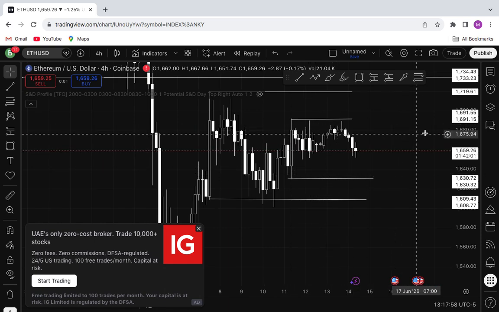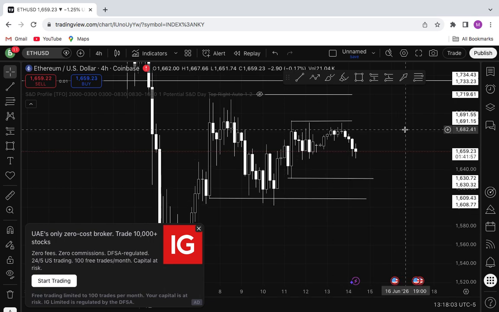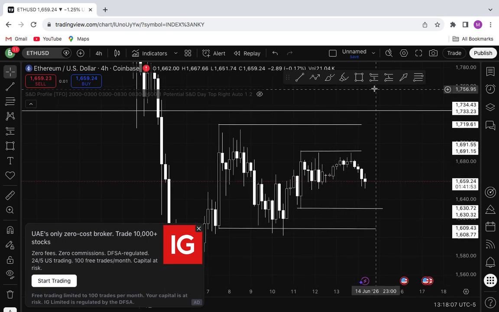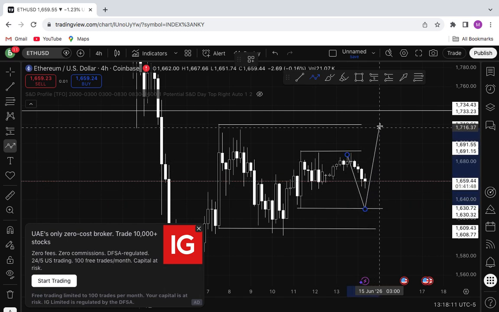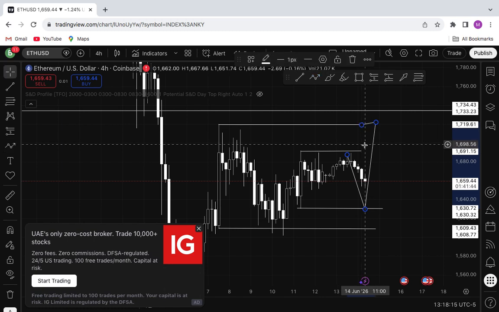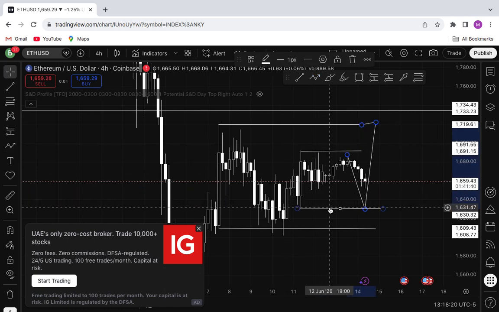Why am I trading this range? Because price collected liquidity from this range low, but price has not collected liquidity from this range high, showing there is a high probability that price might take this liquidity and push back all the way up to collect this liquidity sitting up here, because this is a valid order block.